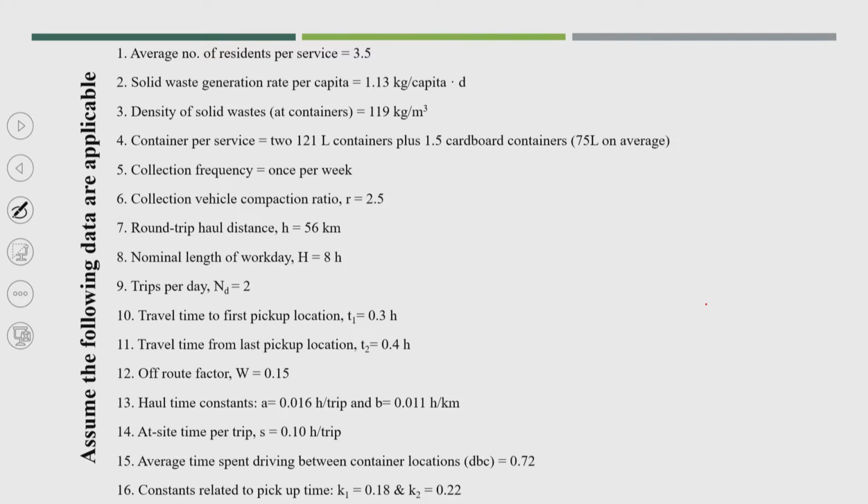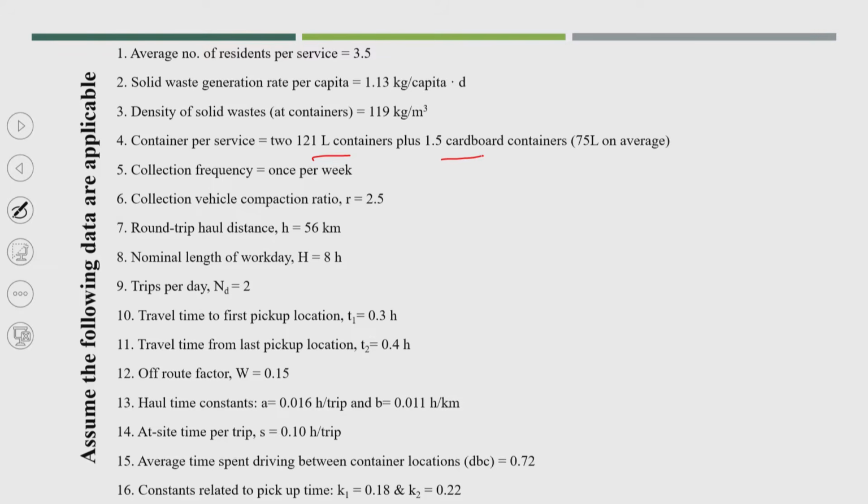The density of solid waste is very low compared to Indian waste density, that is 119 kg per meter cube. For containers per service, there are 2 containers of 110 liter plus 1.5 cardboard containers, each of 75 liter on average. So, it is having 3.5 containers.